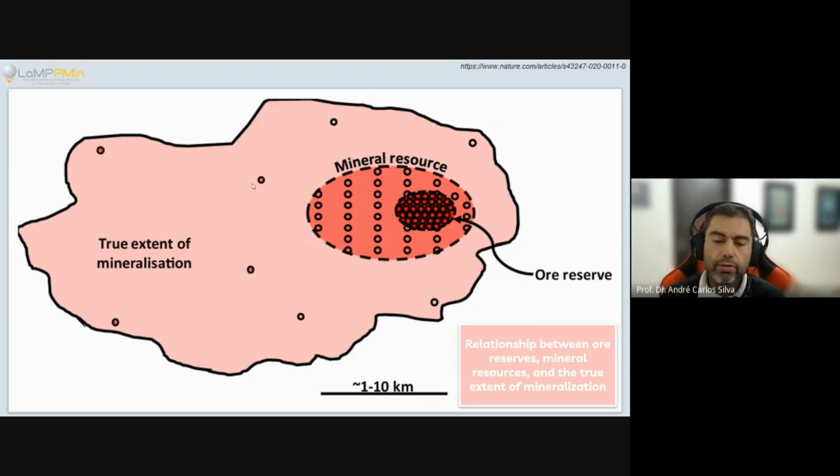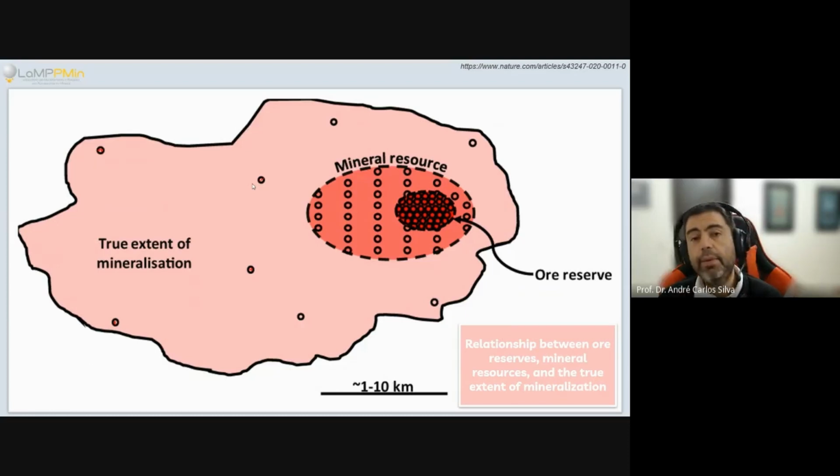So then we go to this darker pink area, almost reddish. As you can see, we now have a regular lattice, and our drill cores are close together. Okay, but we're still talking about a difference of some meters from one point to another, or tens of meters. And then we have another area, the smallest area of all, and then we concentrate everything that we have on just that area.